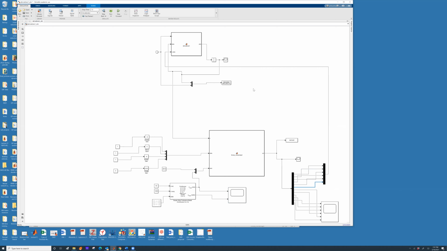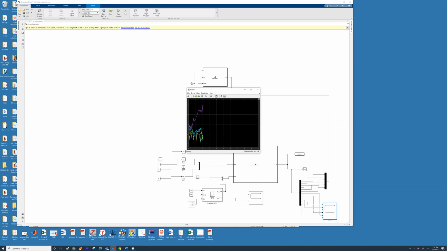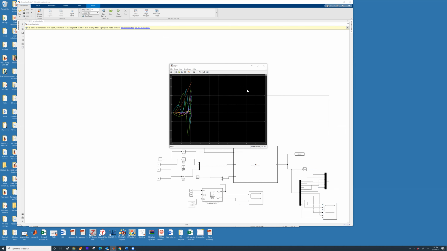And all this information is fed back to F state. And then here, all these values are also shown. When you run the simulation, if you run the scope block, you will notice it shows all the information.